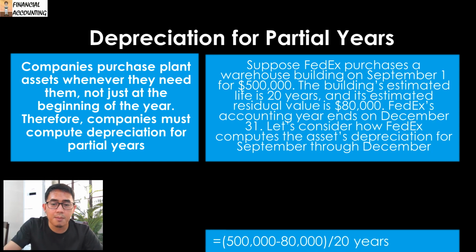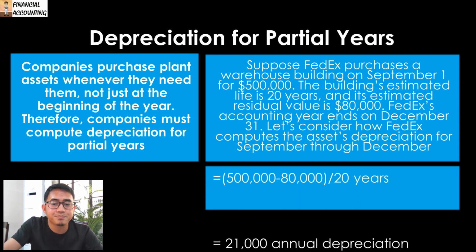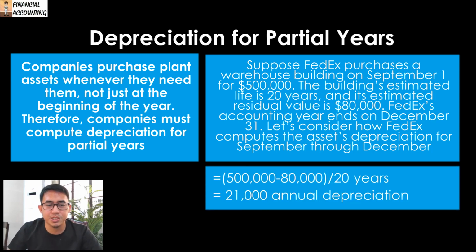If the company uses the straight line method, we compute annual depreciation to be 21,000. So how do we get that? The cost, 500,000 minus the estimated residual value of 80,000, you divide that by 20 years. So you'll get 21,000 as annual depreciation.